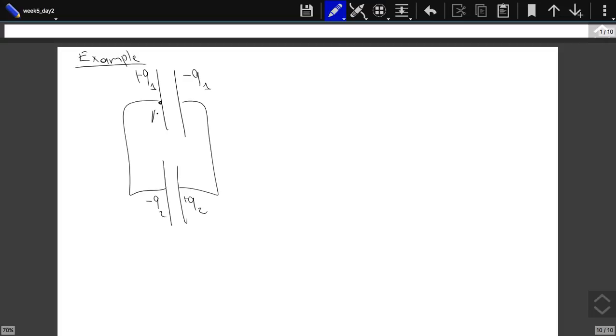Now let's say this point is A, this point is B, this point is C, this point is D. What is the potential difference between A and B? That is VA minus VB. This has capacitance C1, this has capacitance C2. Q over C1.